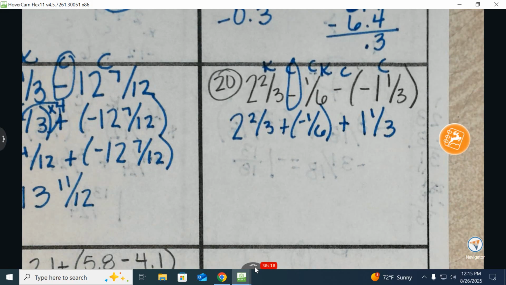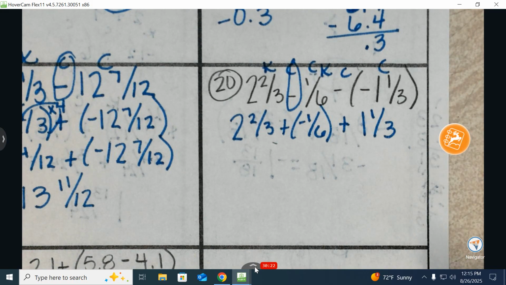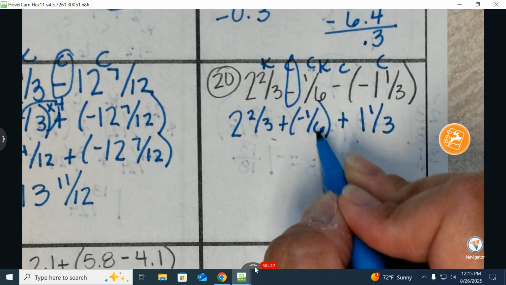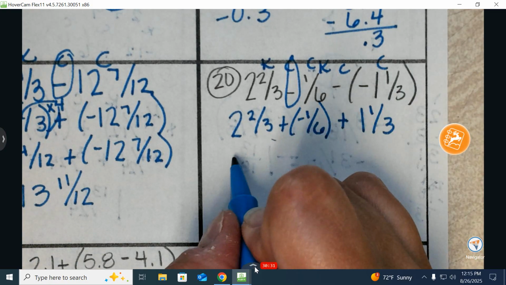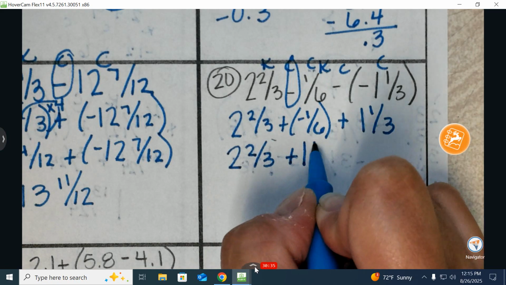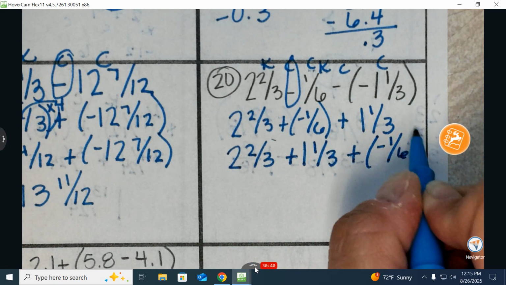It's addition, so we can use the commutative property to move it around. I'm going to swap these two so that my common denominators are next to each other. So I'm going to say 2 2/3 plus 1 1/3 plus negative 1/6.